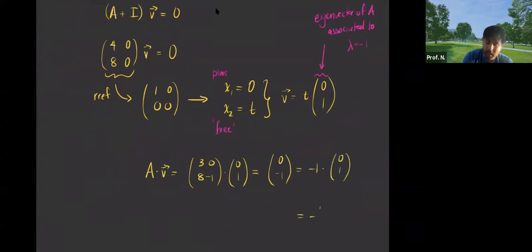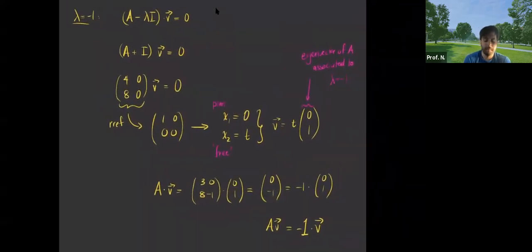Isn't this -1 times V? Checks out. This is indeed an eigenvector. Beautiful, isn't it? What do you guys think about this?